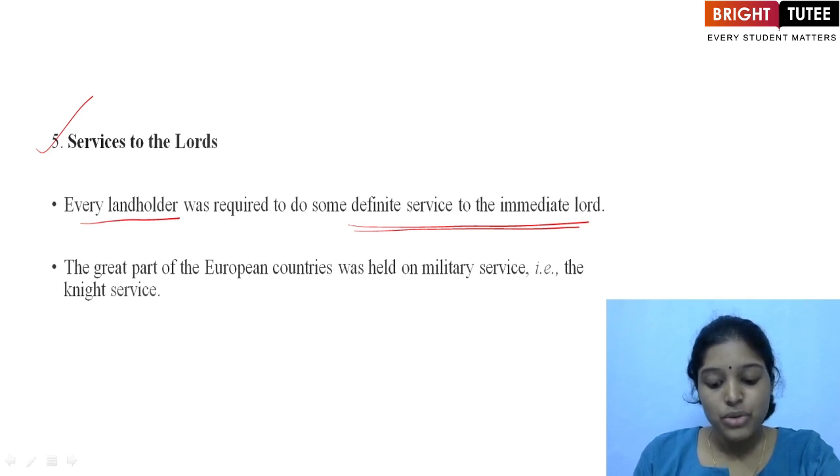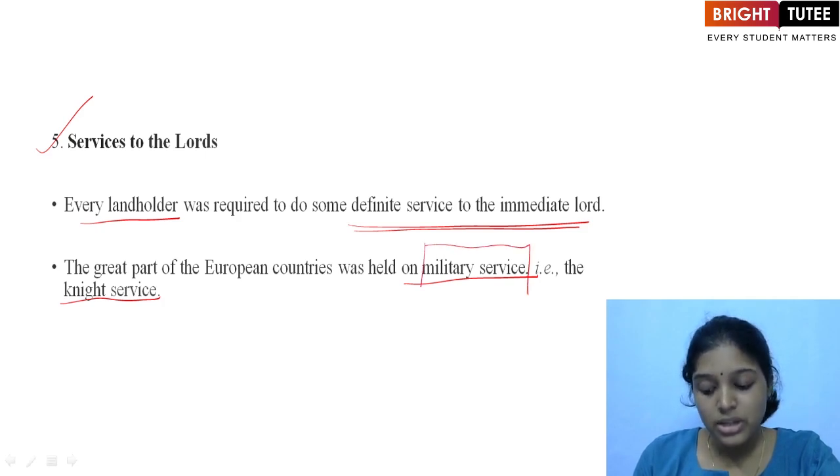And a great part of European countries was held on military service, that is the knight service. So along with personal services, it was important that they give military service. So they joined the militia or the knight group of the lord and became part of that militia.